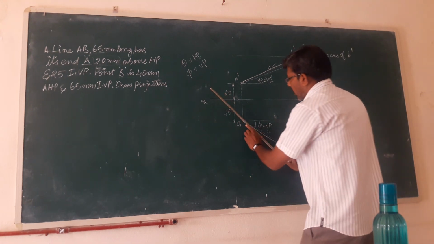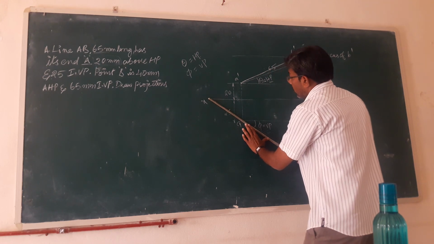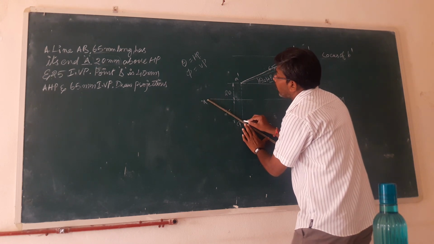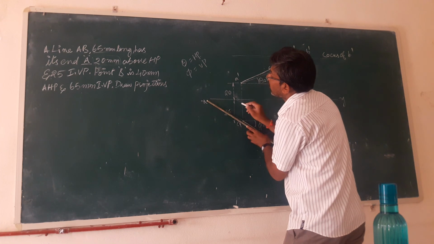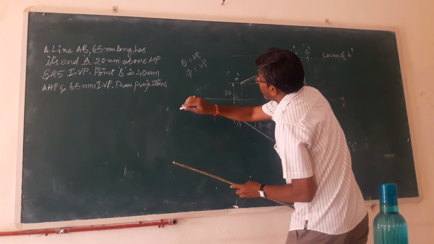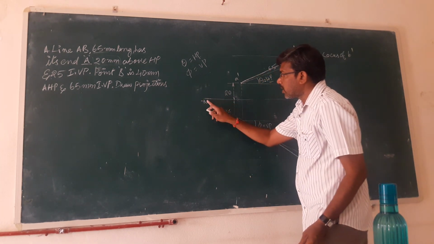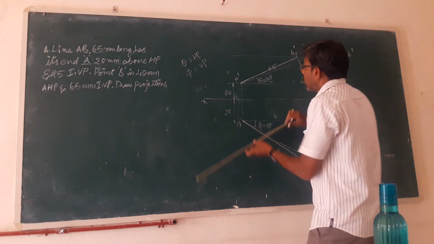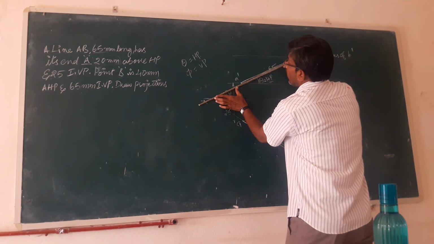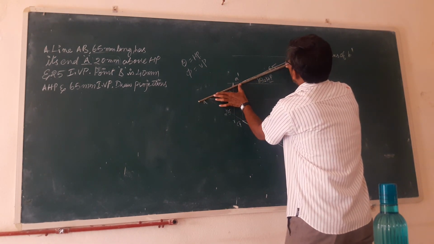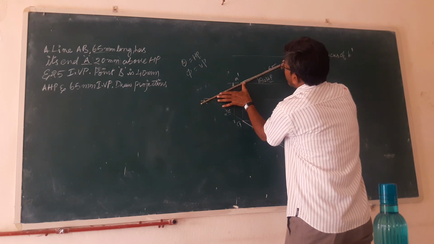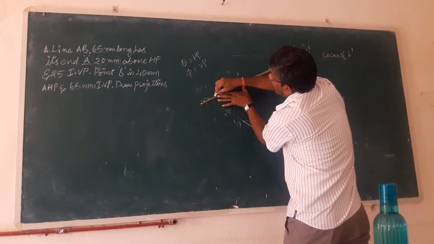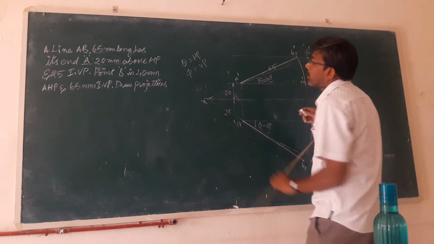If you extend the final front view, it is going to meet at a particular point on the vertical plane. And the same thing, when you extend the line, it meets at some particular point.